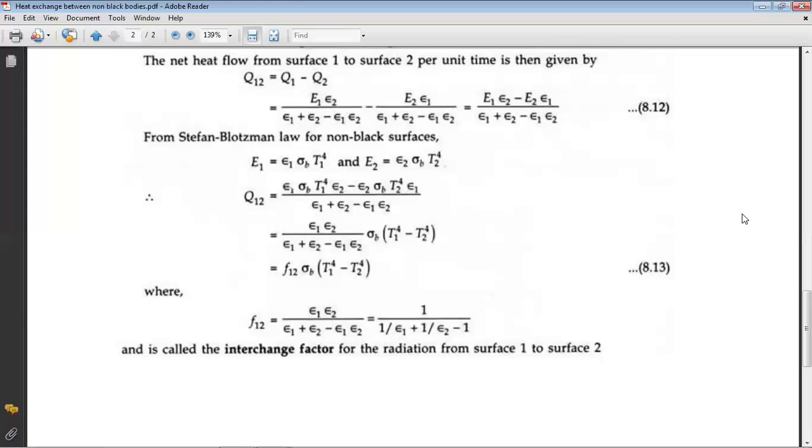That is why, if you consider a plane surface or a convex surface, F1 on 1 will be equal to 0. Whereas in the case of a concave surface, F1 on 1 will not be equal to 0, because some part of the energy can be absorbed by a concave surface.